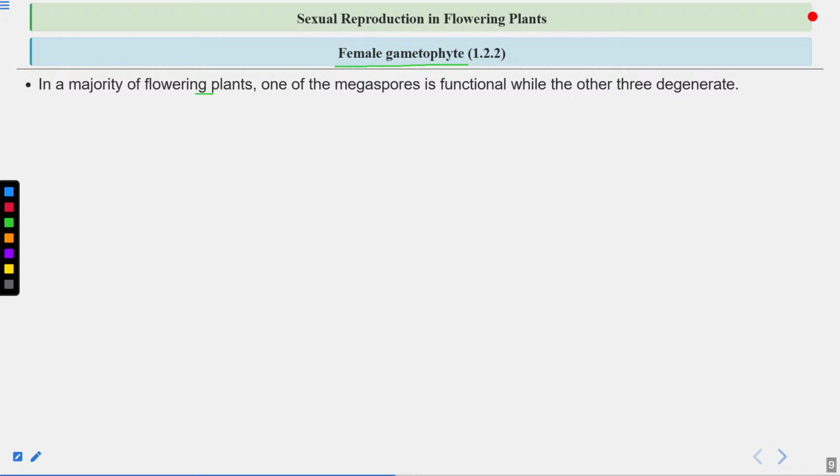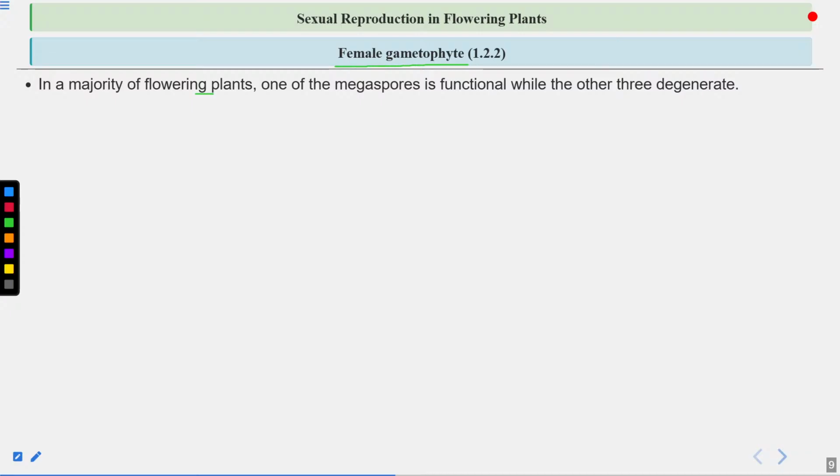That one particular nucellus cell, which I discussed just now, becomes very different from the other nucellus cells by accumulating a lot of cytoplasm and a very prominent nucleus. That particular cell is called the megaspore mother cell. What is the ploidy of the megaspore mother cell?